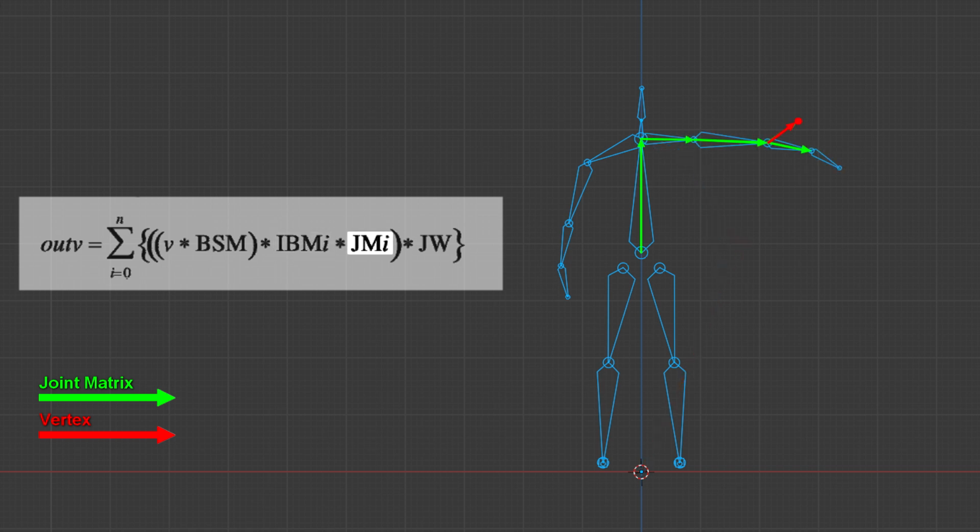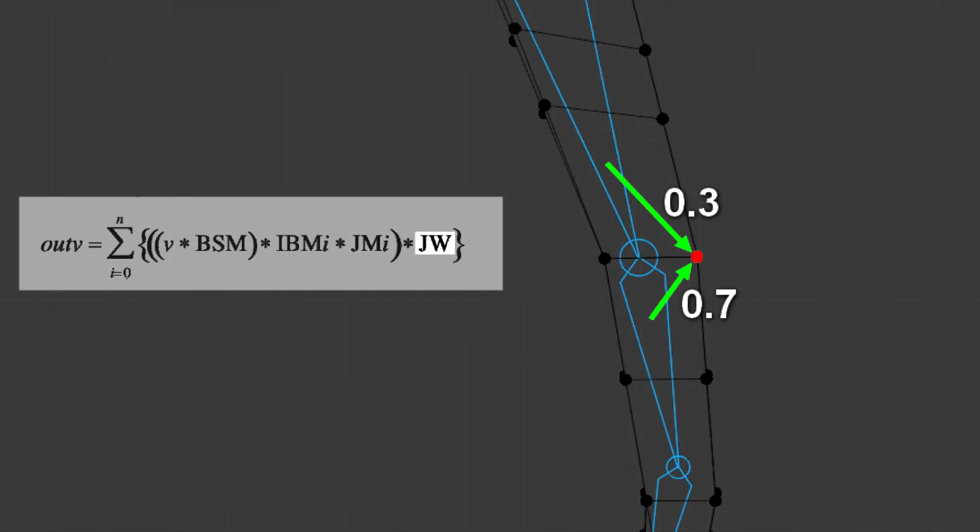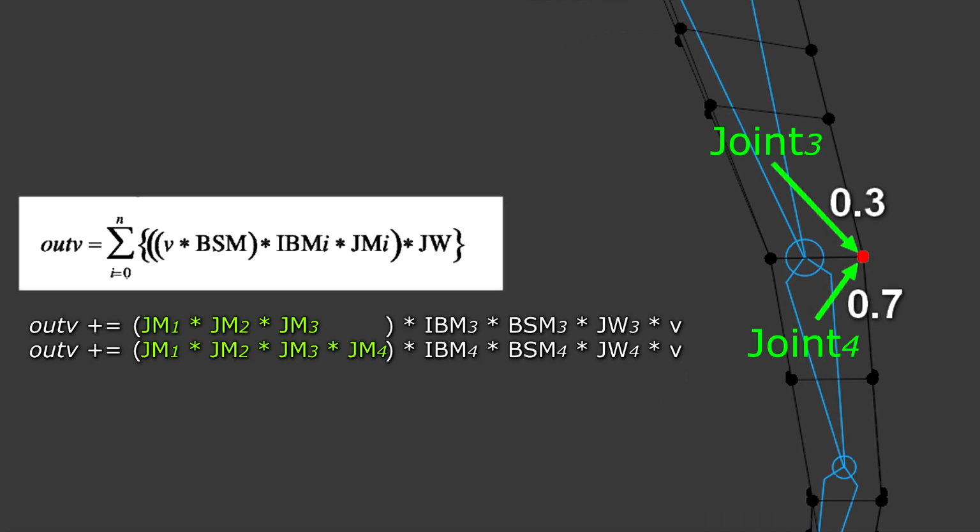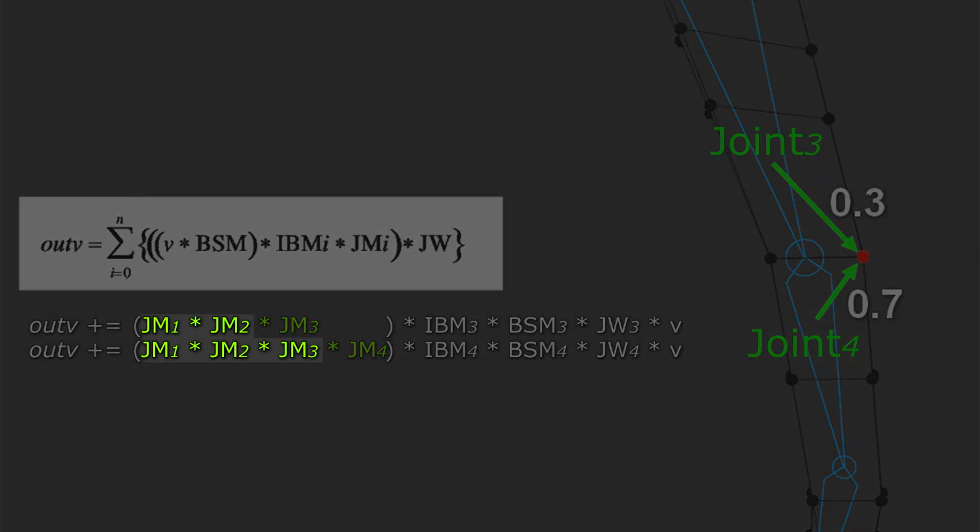The joint transformation matrix represents the new pose of the current joint in relation to the new poses of its parent joints. The weight factor determines how much of the current joint's pose is taken into account for the new vertex position. In total, we do this calculation for all joints that influence our vertex. In this case twice, for the upper joint with 0.3 and the lower joint with 0.7, and don't forget to include the parent joints.